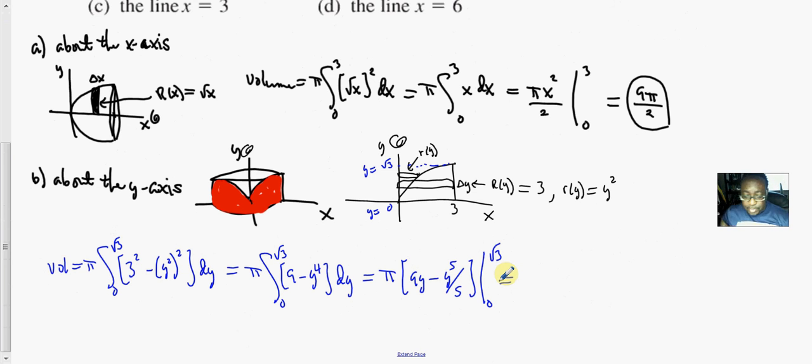So that gives us pi times 9 times the square root of 3 minus the square root of 3 to the 5th, which is 3 times 3 is 9 times the square root of 3, all over 5, minus 0, and you get 0 and 0.